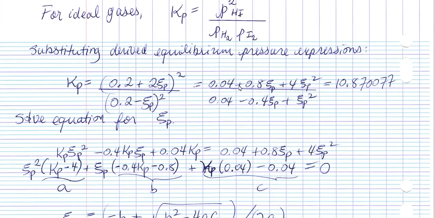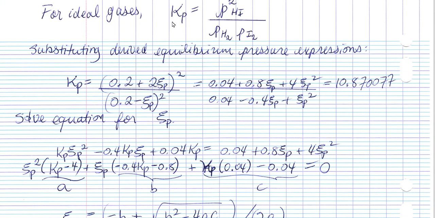Okay. So now for ideal gases, the equilibrium constant is equal to, again, the continued product of the products raised to their respective stoichiometric coefficients. So in words, I didn't write it down mathematically, it's the continued product of the species partial pressures raised to their stoichiometric coefficients.